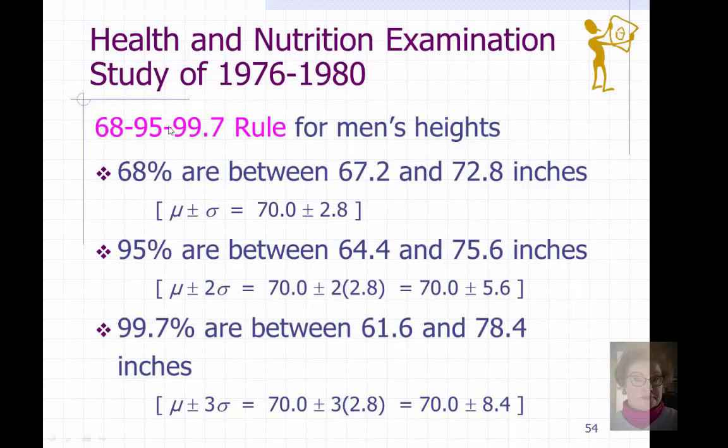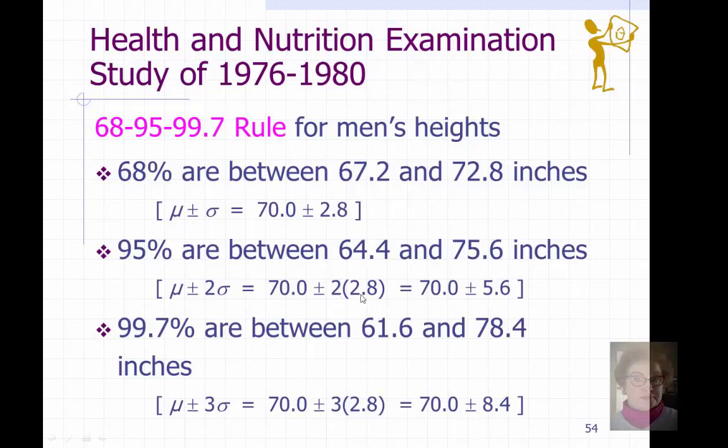So we look at our empirical rule, which is also known as the 68-95-99.7 rule, and we know that 68% of men between 18 and 24 are between 67.2 inches and 72.8 inches. So we know they are between a little more than 5'7" to a little less than 6'1". 95% of the data of the young men will have heights between 64.4 and 75.6.